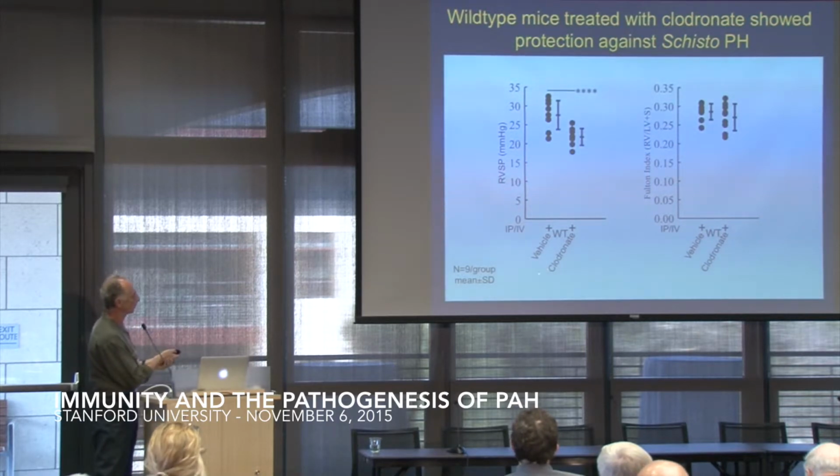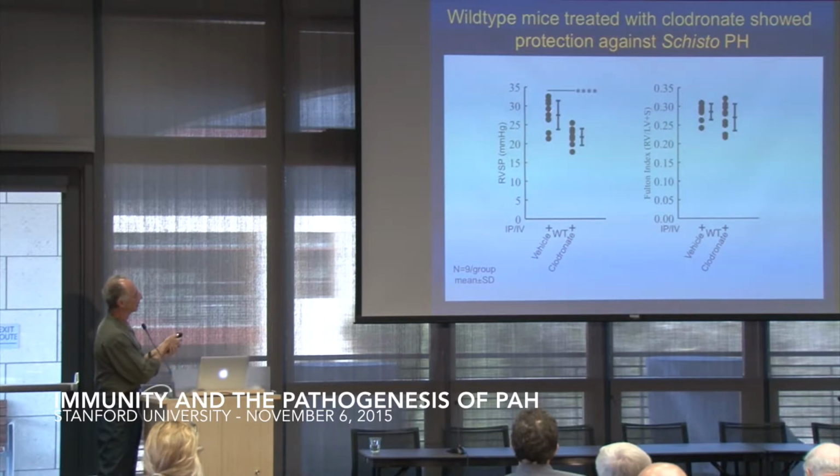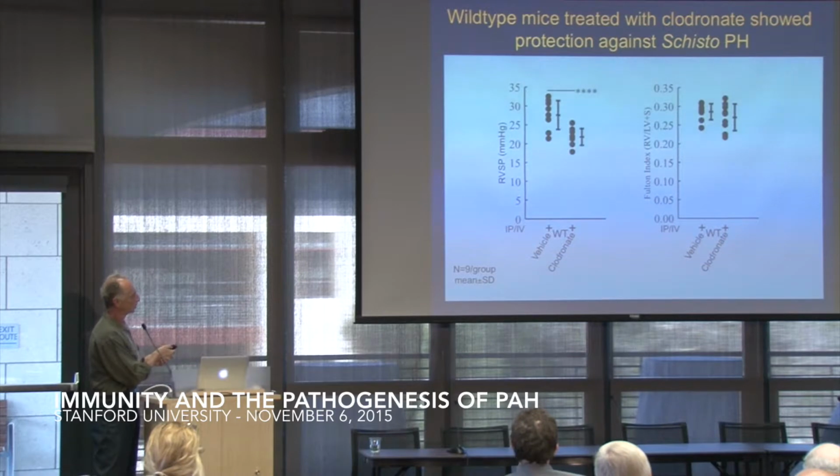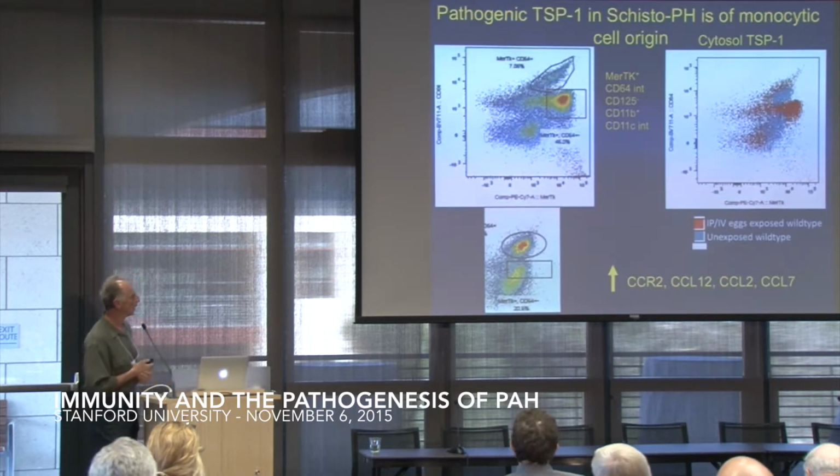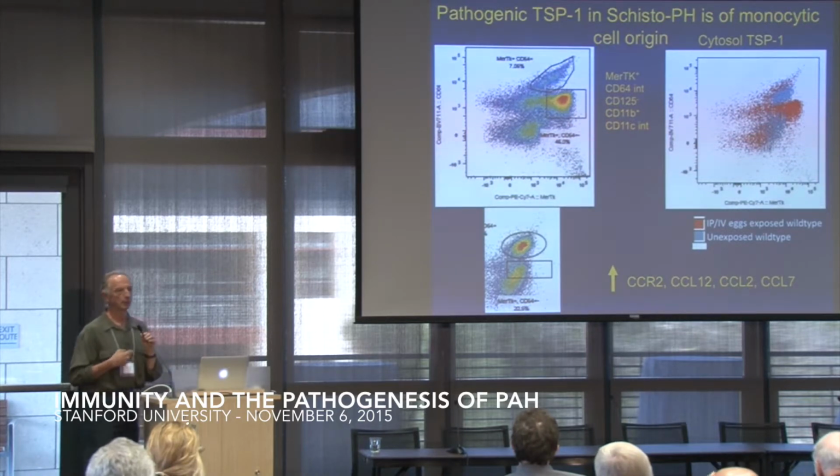We depleted the macrophage monocyte population with clodronate, and indeed there was a decrease in pulmonary artery pressures, in this case RVSP, but no impact in terms of remodeling. So this is concordant that something is coming from the bone marrow, probably a monocytic macrophage population, that is possibly activating TSP1. So how do we go about defining it?